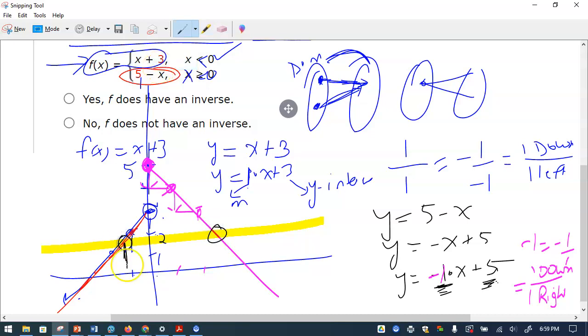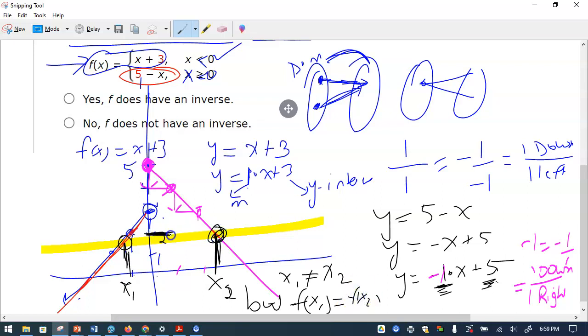That means two of the x's, I can call them x1 and x2. These are different. Remember, x1 is not equal to x2, but f of x1 and f of x2, the outputs, become equal. So the two different inputs have the same output.